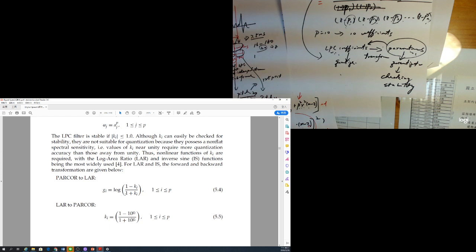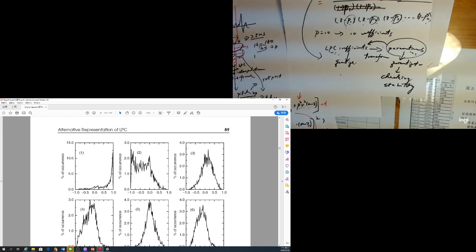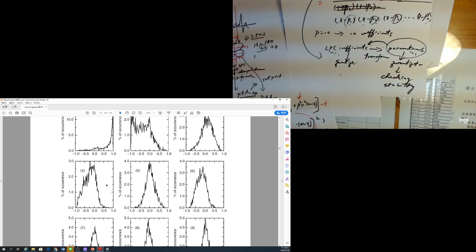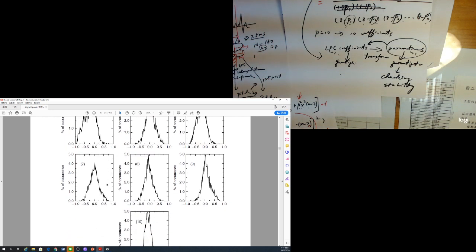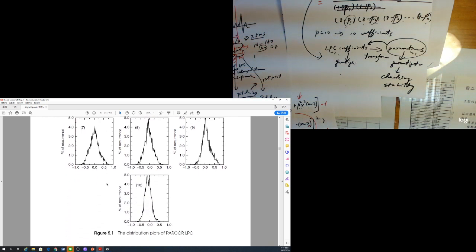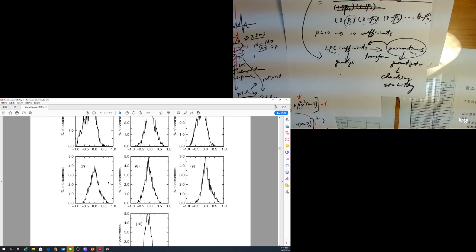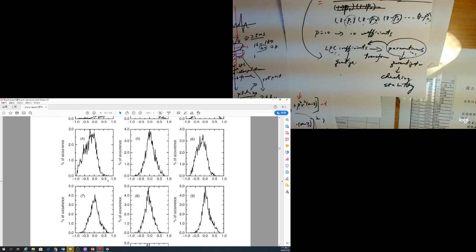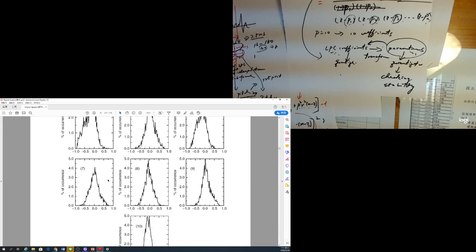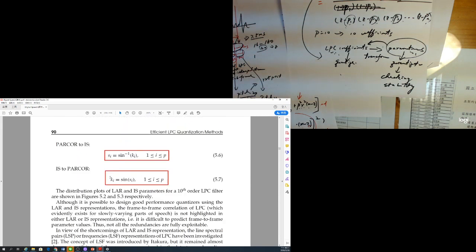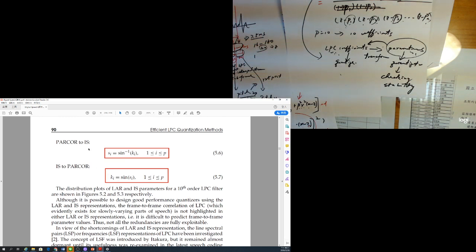Another thing: we also try to transfer the PARCOR coefficient to another one. We try using the log area ratio, which is another modified version. First we transfer to the PARCOR coefficient, so all the coefficients are distributed between -1 and 1. If the order P is 10, there are correspondingly 10 PARCOR coefficients.